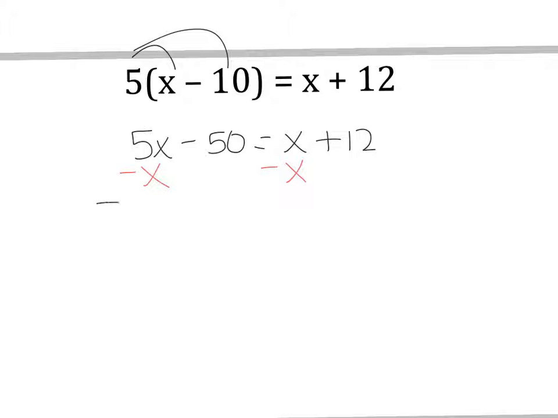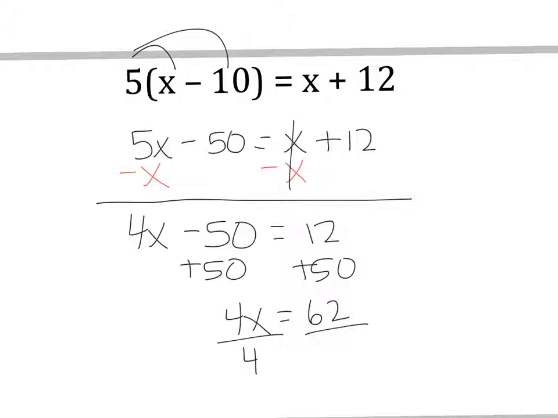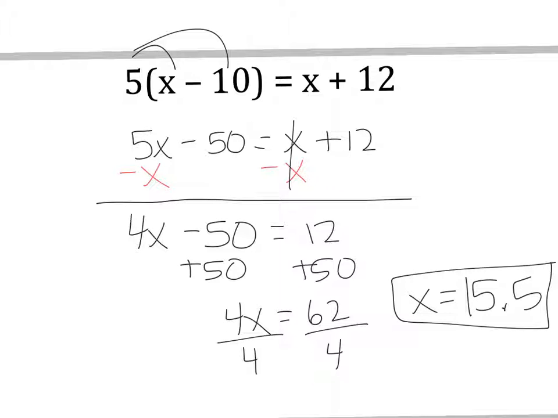So this is going to be 4x minus 50 equals 12. So I add 50, 4x equals 62. Divide by 4. This is going to be, I think it's 15.5, so 15.5. And that's one solution.